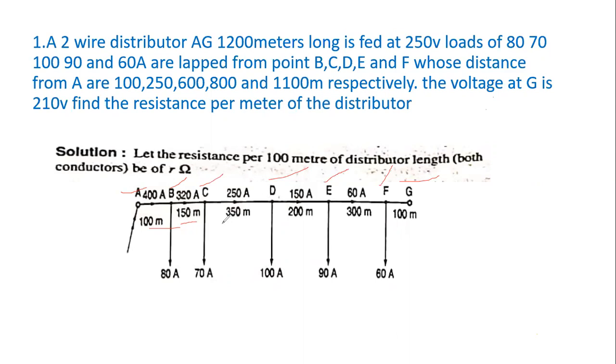Next, 600 minus 250. Next, 800 minus 600. Next, 1100 minus 800. This is the distance between E and F. How much distance is there? 100 plus 150, 250. 250 plus 350, 600. 550 plus 200, 750. 750 plus 300.